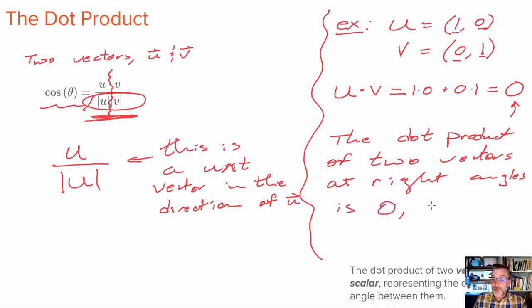And importantly, this works the other way around. If I have two vectors, I don't know what the angle is between them, I calculate it and I get 0 back, that means those vectors are at right angles to each other. That's one of the fundamental properties of the dot product.